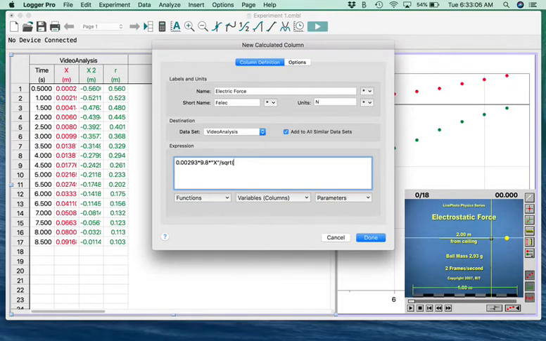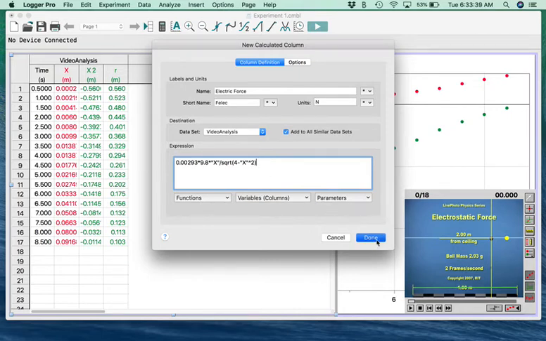L squared, well, L is 2, and 2 squared is 4, so I'm just going to go ahead and directly put in the 4, minus, and then in this variables, I'm choosing again X, the horizontal position of that swinging sphere. To make it squared, I'm using what I call the caret, the little arrow above the 6, so shift 6, 2, close the parentheses, and there we have it. So there is the expression for calculating the electrical force between these two objects.